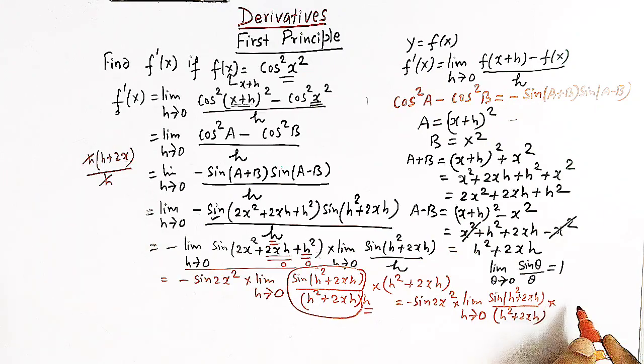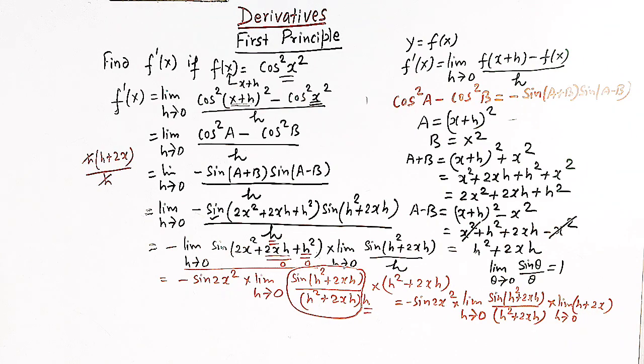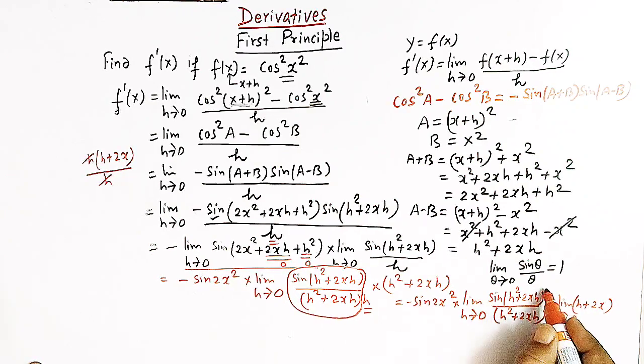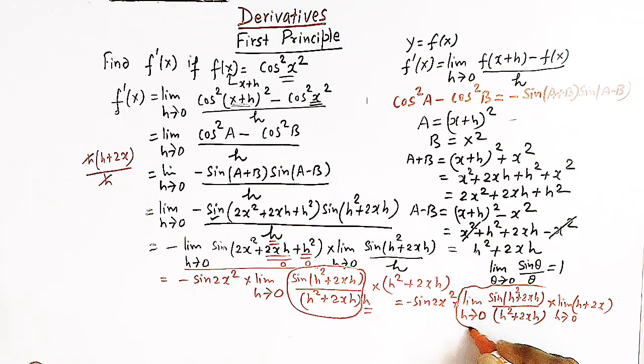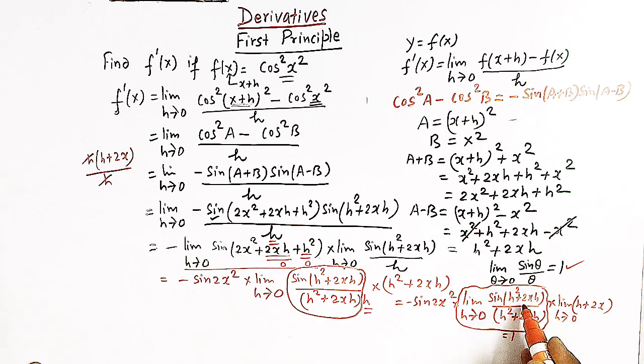So here we have limit h tends to 0, and we have h plus 2x, right? So now the value of this limit is equal to 1 due to this result, sine theta over theta.